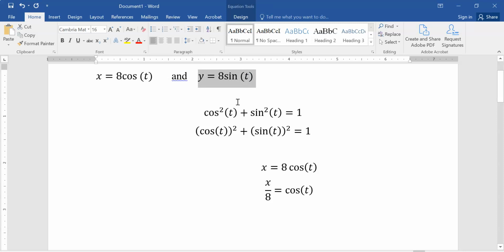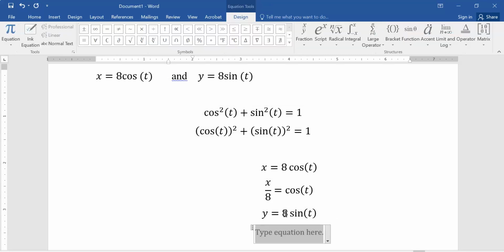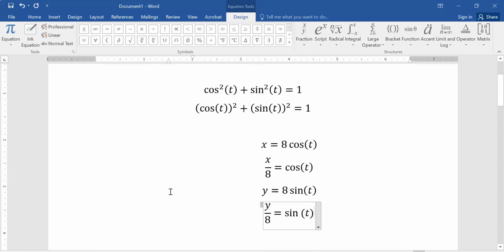We take y equals 8 sine of t. Divide both sides by 8, and we get y over 8 is equal to sine of t. So now I have x over 8 is cosine, y over 8 is sine, and I plug it into this identity.